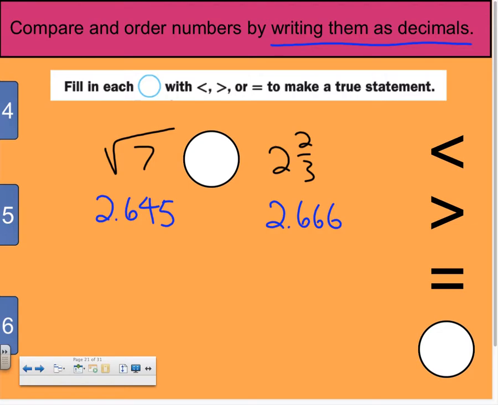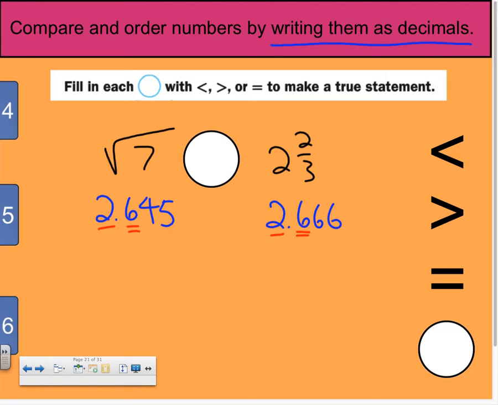So now all we have to do is compare these. And when you're comparing numbers, basically you want to compare the same decimal place one at a time. So they both have 2 in the ones place. They both have 6 in the 10th place.